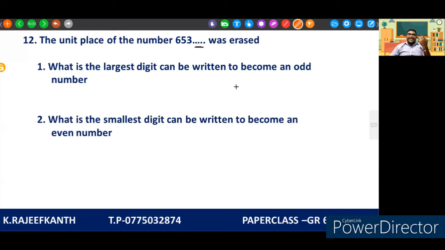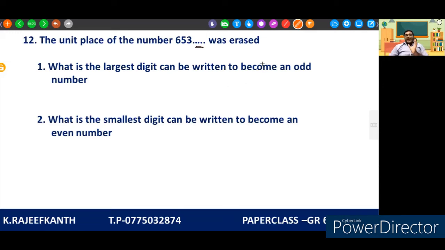Then what is an even number? If a number is divided by 2 and we get the remainder 0, that is an even number. So an even number is divisible by 2, and when we divide an even number by 2, we are not going to get any remainder, only 0.